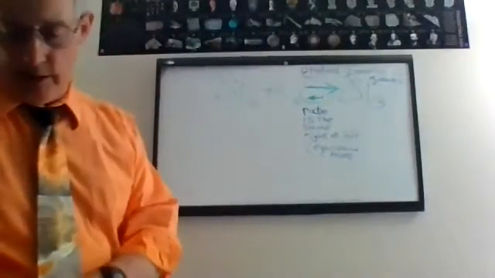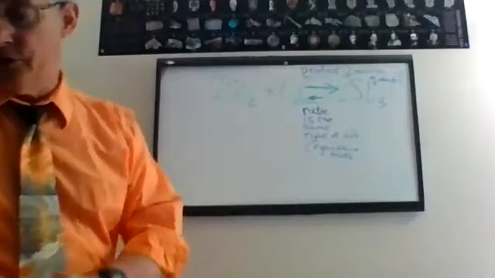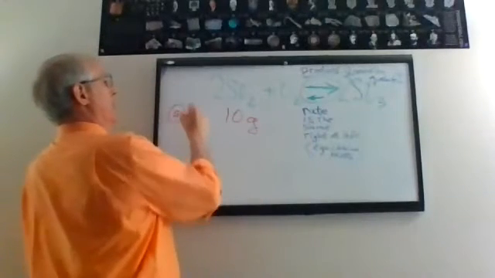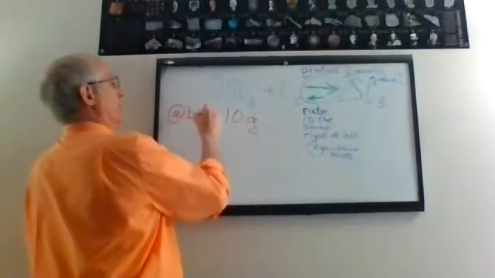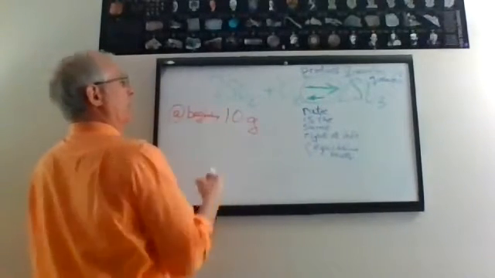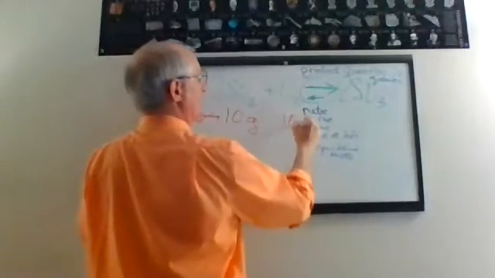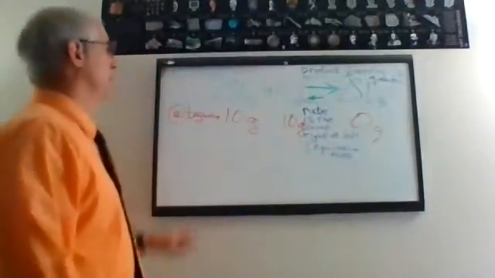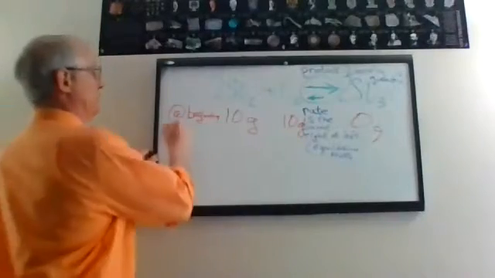I'm going to put some numbers to it. These are theoretical, hypothetical numbers. Let's suppose at the beginning we have 10 grams of this, and we have 10 grams of this, and we have no grams of that because we just got started.